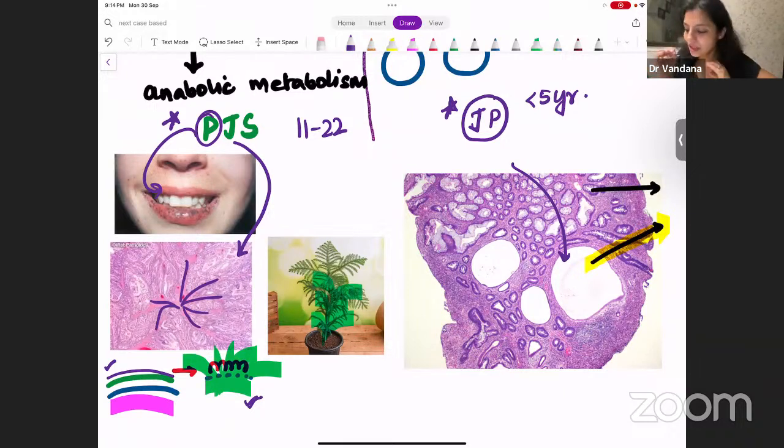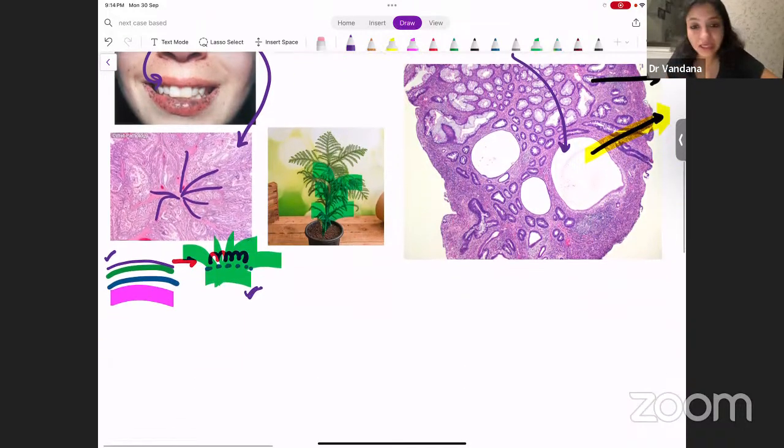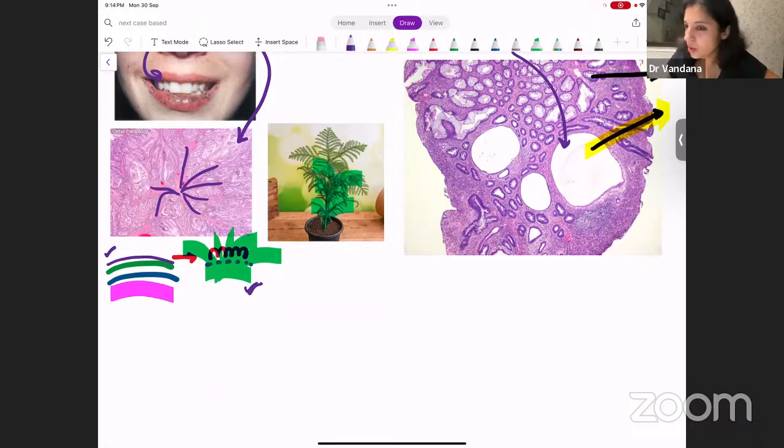Now the most important question which everybody asks me: are they pre-malignant? Yes or no? What do you think? Remember, although Peutz-Jeghers polyps were earlier considered non-neoplastic hamartomatous polyps, recently it has been found that these polyps can give rise to malignancy.